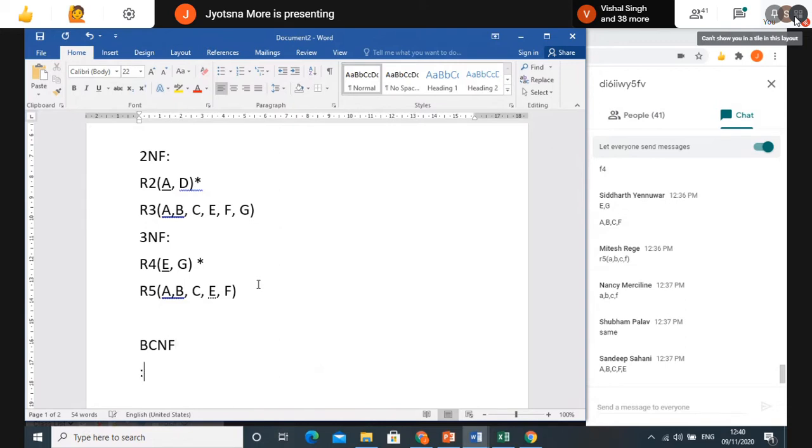Now here in BCNF, we have one functional dependency which is a non-key attribute determining part of the key attribute, right?